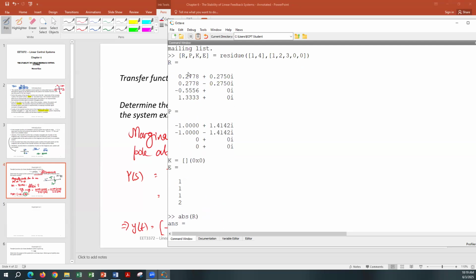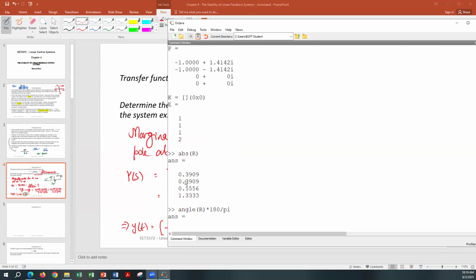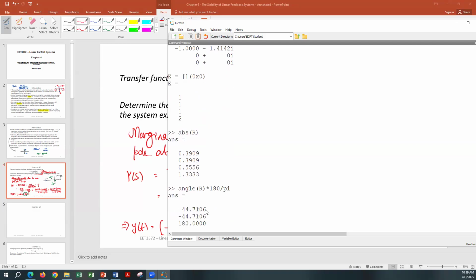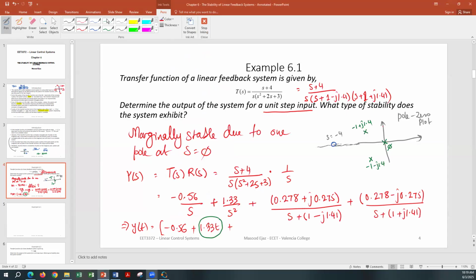Remember, R is my numerator. So the first one, I have 0.39 angle 44.7 degrees.